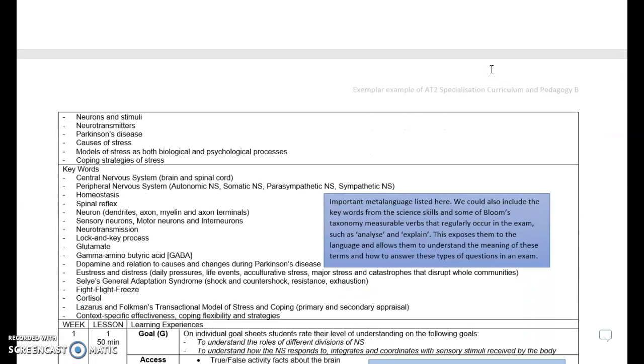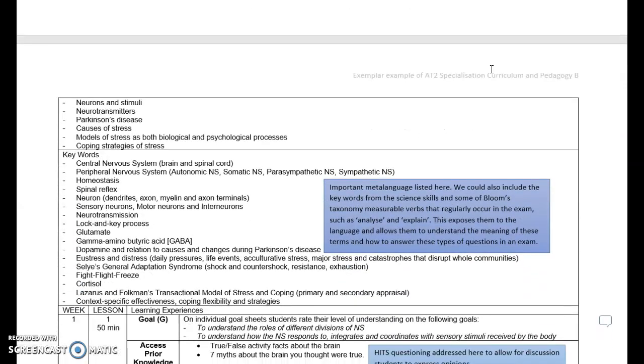If I go down, here we go, this one we can see. So we've got the metalanguage listed here, which is really important, but there's a bit of a deficit here. We could include keywords from the science skills. So the science skills are the key skills that feature in all of the sciences in VCE.